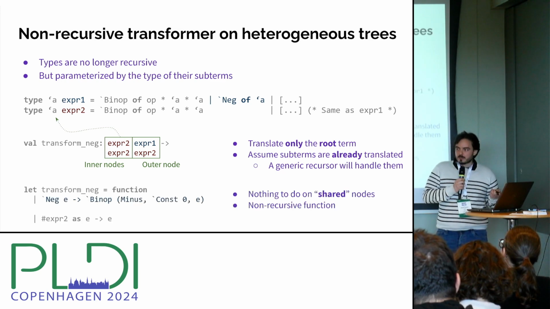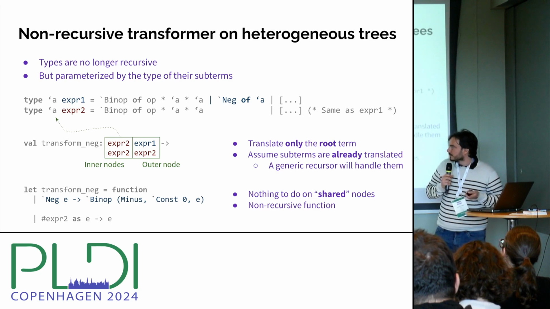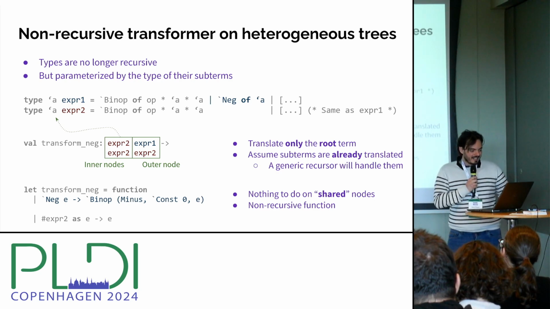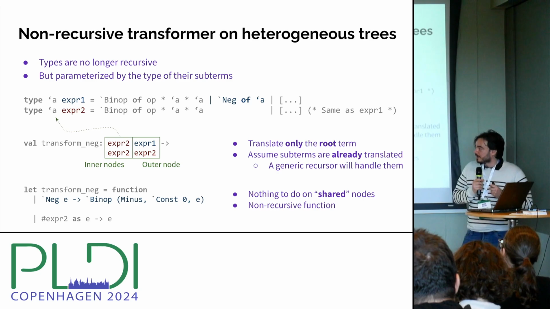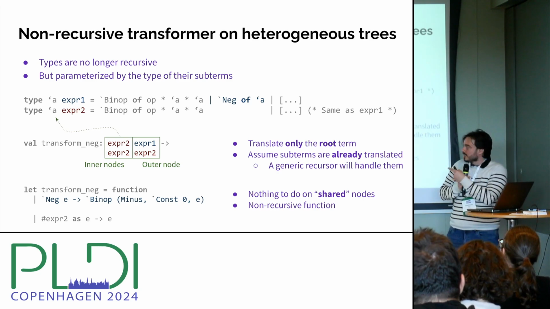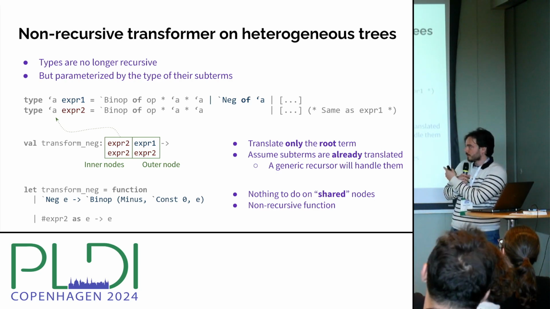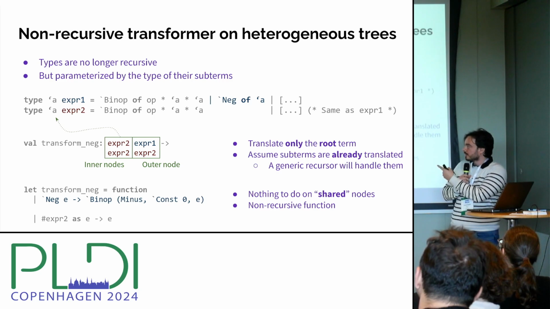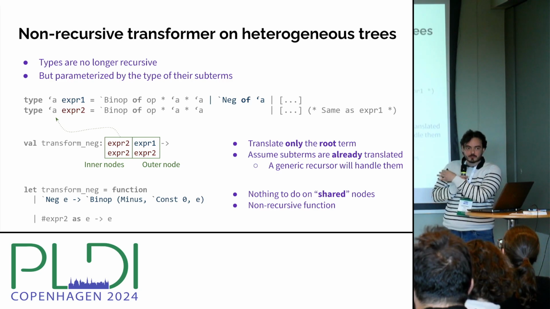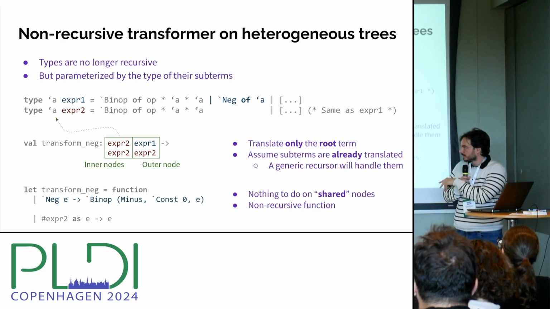So the pass will look like that, which is kind of cool. You only have the operator that you want to deal with. The E that the neg takes is already of type expr2, so you don't need to do the recursive call. As you can see, transform neg is not recursive at all. It's a simple function.